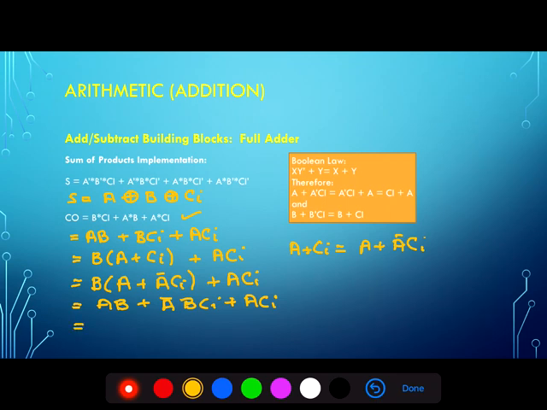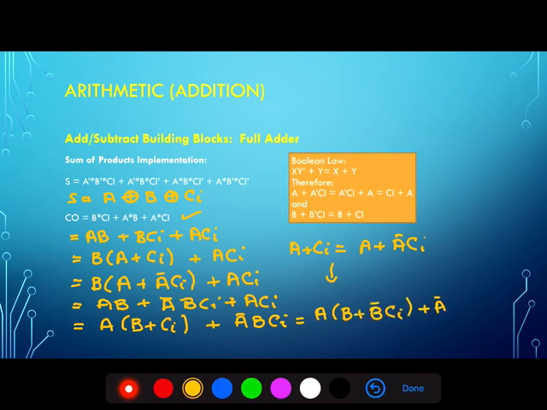Now it does look like we're making a big mess, but if you can be patient, let's do one more distribution here. Take A out and multiply times the quantity Ci, and leave our 3 variable term by itself. Now we can use this same identity to say that this is A times the quantity B or B not Ci, or A not B Ci.